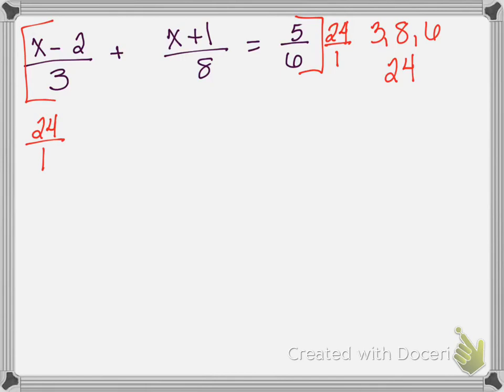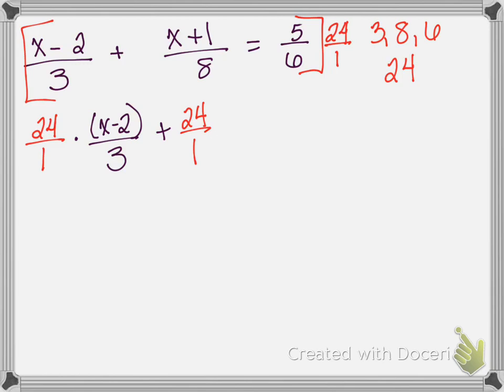24 over 1. Now, I am going to put my x minus 2 in parentheses. And you desperately need to get into that habit immediately. Putting parentheses around the numerator. Okay? Because in just a second, we're going to have to distribute. And this fraction bar right here is a grouping symbol.